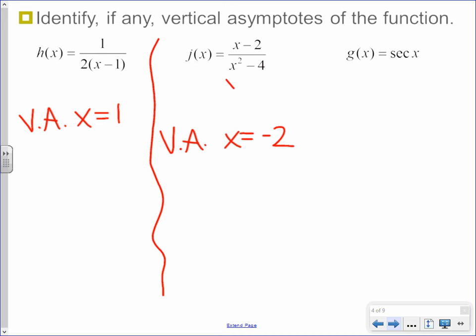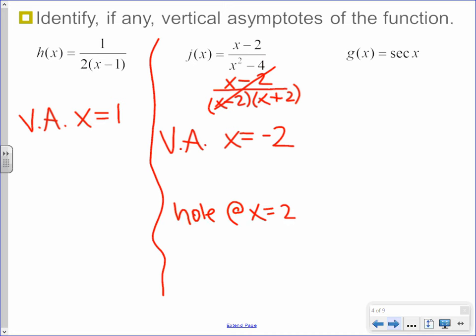We need to factor that denominator so we really know what's happening. So this is what happened in Logan's head. What is happening at x equals 2? There's a hole at x equals 2. So if I asked you the limit as x approaches 2, you'd be able to give me a value. If I asked you a left or right hand limit as x approaches negative 2, you'd have to describe it as either infinity or negative infinity.